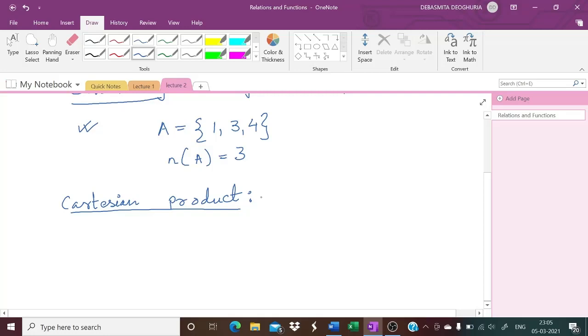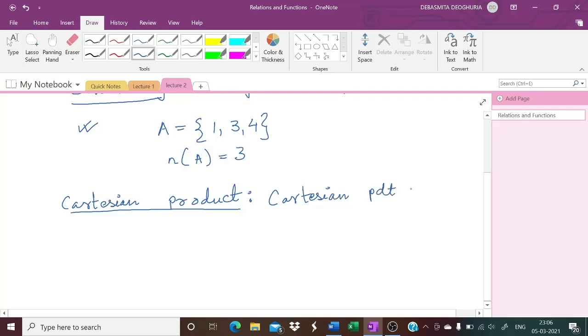Listen very carefully how it is defined. A Cartesian product is a product of two sets X and Y in the order, denoted by X cross Y. Okay, if I don't write, you will not understand. Of course, let me write it there. First, let's see the statement. Then we will understand what it is.